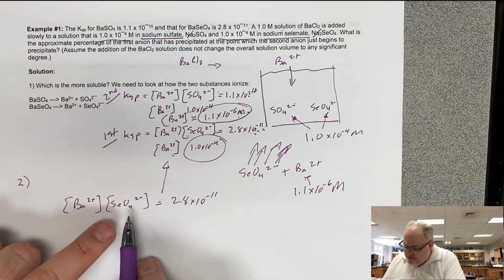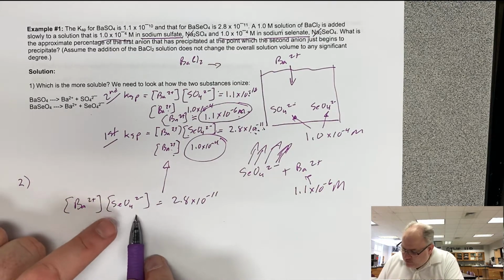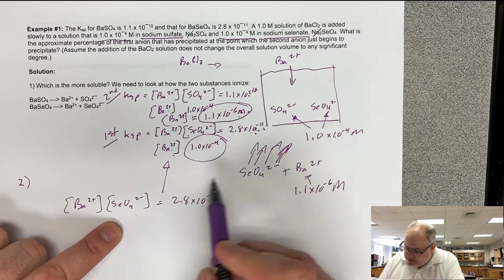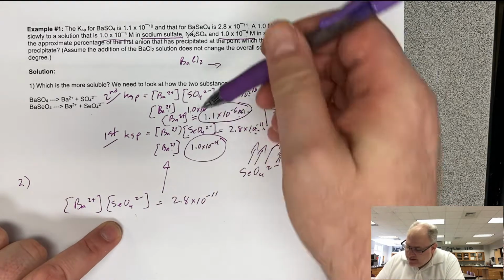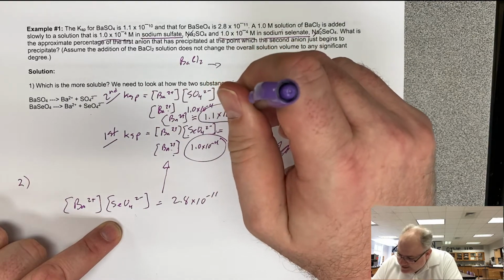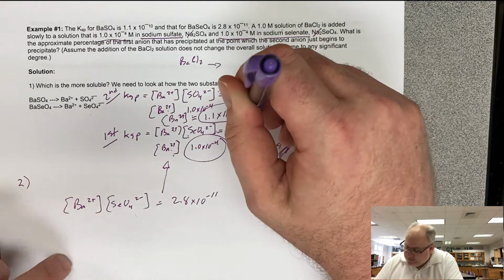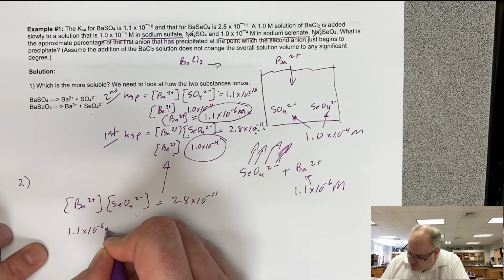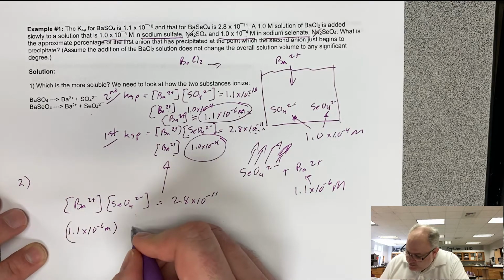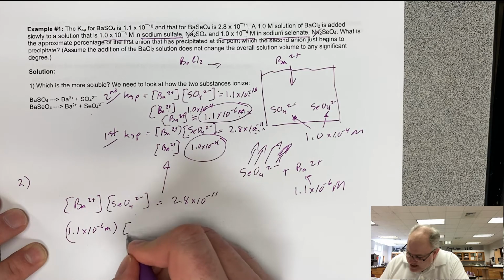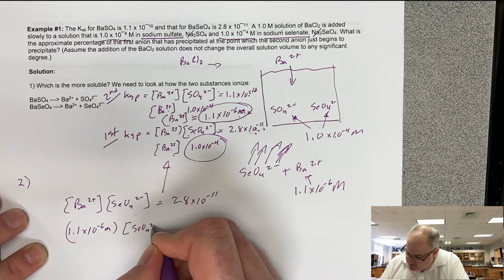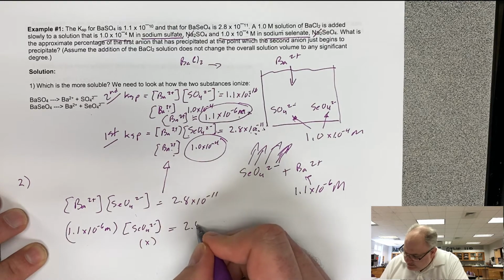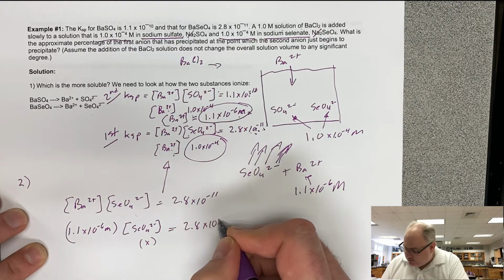And we know that the amount of SeO4 that we're going to have is not going to be the same as the original amount we had, because it's been reacting continuously until the instant that we hit this amount of Ba2+. So we can plug in 1.1 times 10 to the negative 6 molar in here, and we can solve for essentially x, SeO4 2-. Let's pretend that that's our x. So given two variables, let's solve for a third.